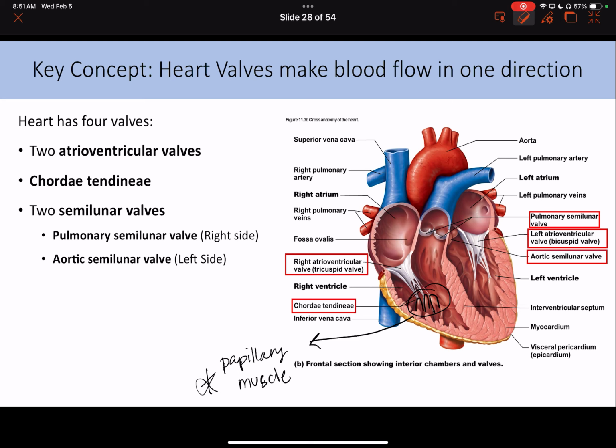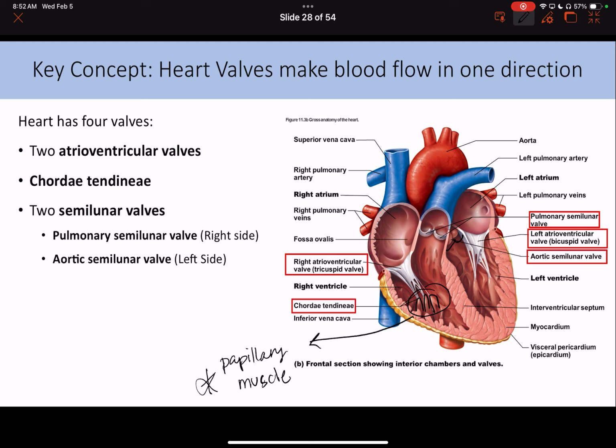And then we have an aortic semilunar valve over here that blood flows past, going out to the rest of the body on the left side. They don't use the chordae tendineae. They do not use papillary muscles. They work off of pressure. And we'll talk more about how they work in a second.